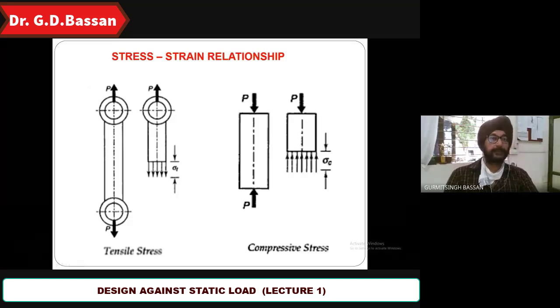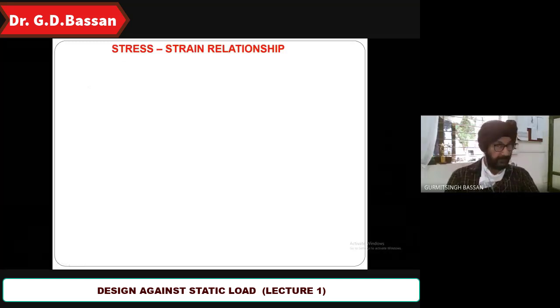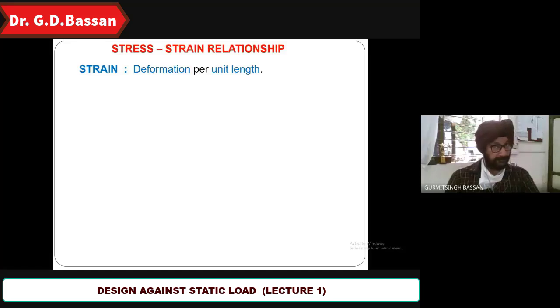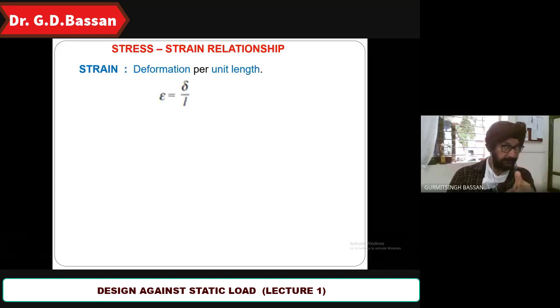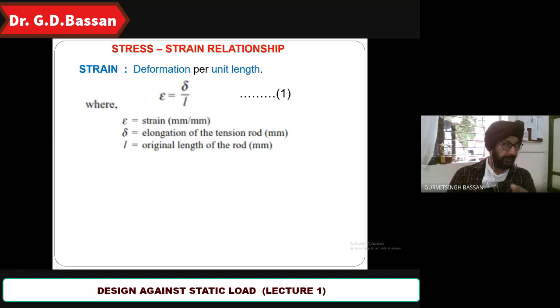Now the strain. Strain is deformation per unit length. That is known as small e, that is epsilon. So epsilon is equal to delta by L. What is delta? It is deformation. What is L? That is the length. So that is the first equation, where epsilon is strain, and it is unitless, millimeter by millimeter.